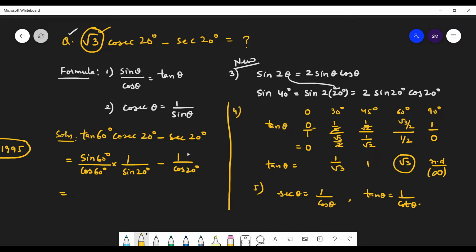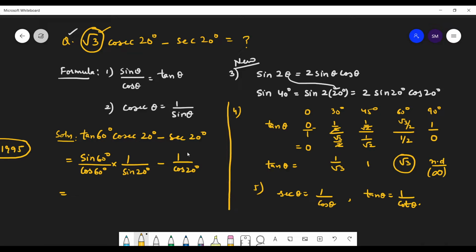So 2 into 20 degree. So theta is your 20 degree, right? So sine 40 can be written as 2 sine theta cos theta. Theta is your 20 degree. So 2 into sine 20 degree into cos 20 degree.